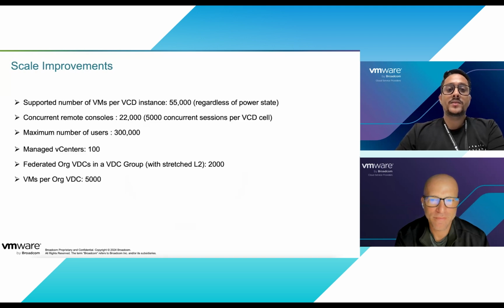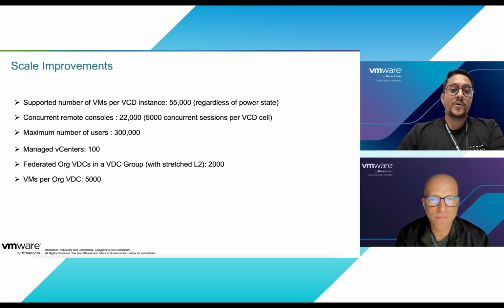Now we can support up to 55,000 VMs per VCD instance, regardless of whether they are powered on, powered off, or in a discarded state. And we support a maximum of 22,000 remote consoles of the VCD virtual machines, but it is limited to 5,000 VM console sessions per VCD cell.